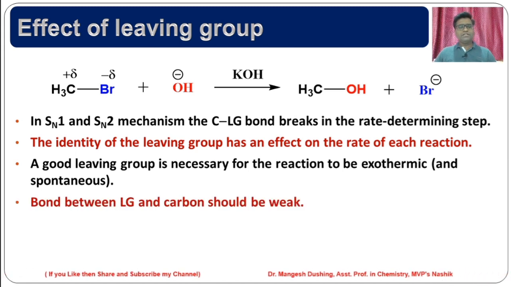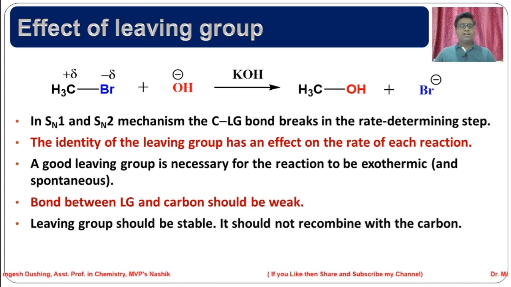How do we determine whether it is a good leaving group or a bad leaving group? The bond between the leaving group and carbon should be weak. If that bond is weak, the leaving group leaves easily and the reaction rate increases. The leaving group should also be stable.